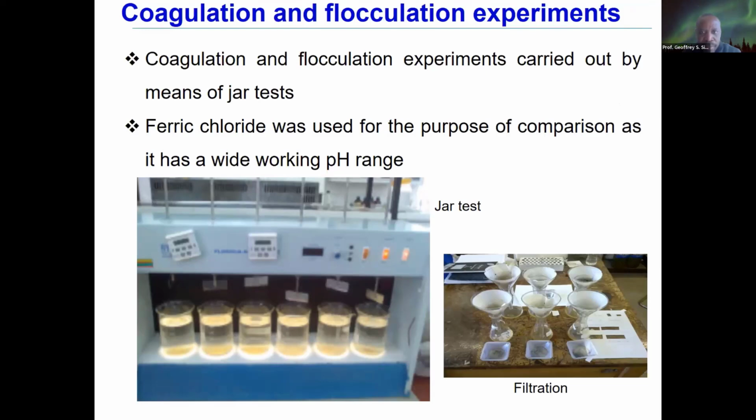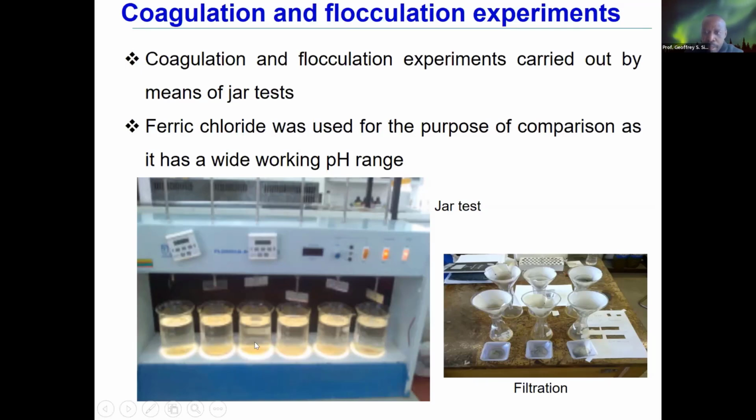Ferric chloride has a wider pH range that one can work with, unlike aluminum sulfate. So we did the jar test, the coagulation test and flocculation test.